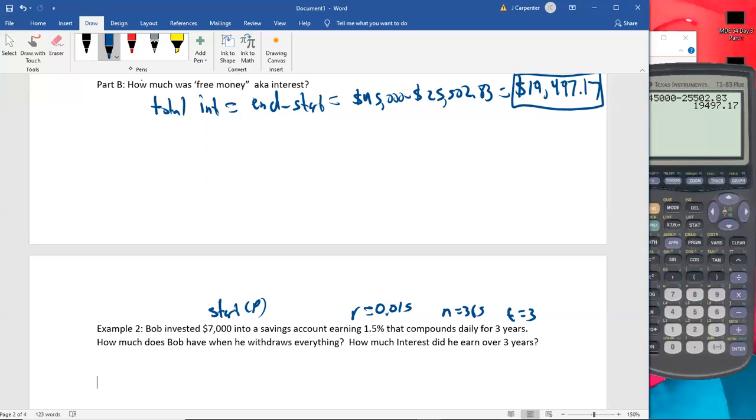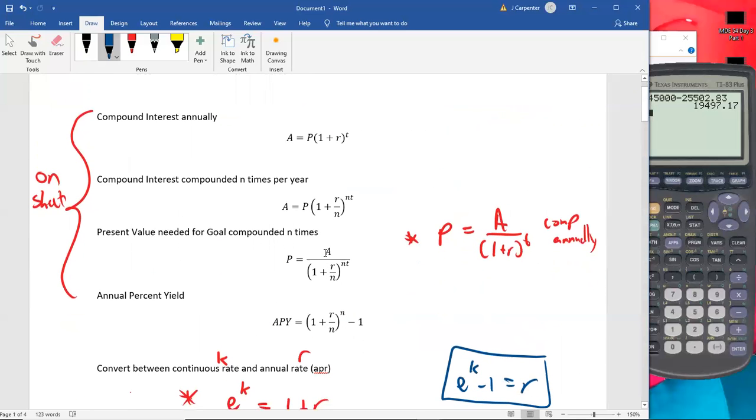If we have P, R, N, and T, going back to our formulas, well, we have an n that isn't 1, so this formula is out. We're not trying to convert a monthly or daily or quarterly or semi-annually rate to an annual rate.